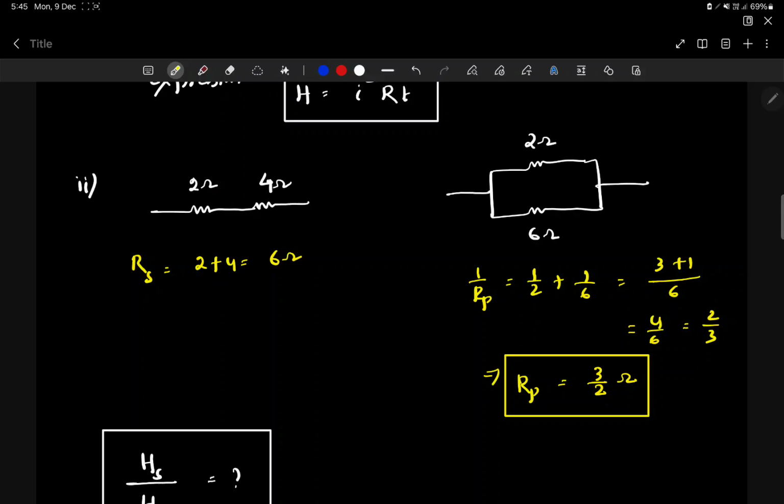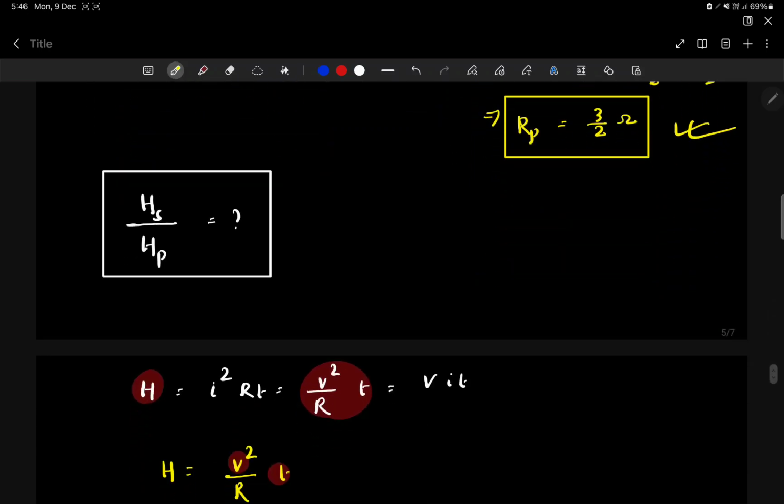Yes, 1 by Rp, if you solve 1 by 2 plus 1 by 6, the LCM is 6, 4 by 6, 2 by 3, that is 3 by 2. Yes, this is correct. And your Rs value is 6 ohm.